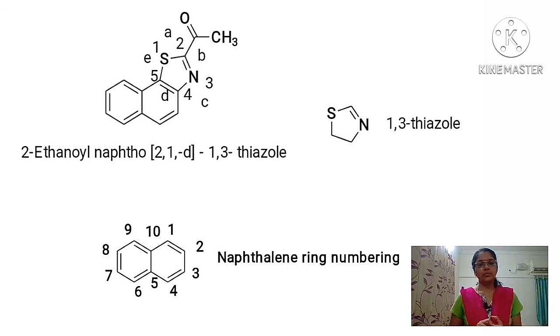So it can be named naphtho[2,1-d][1,3]thiazole. Again, there is one more substituent at the second position of the 1,3-thiazole, so it can be named 2-ethanoylnaphtho[2,1-d][1,3]thiazole as the IUPAC name.